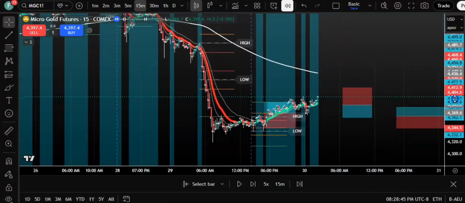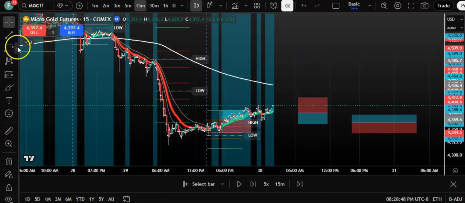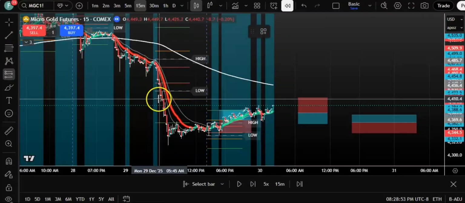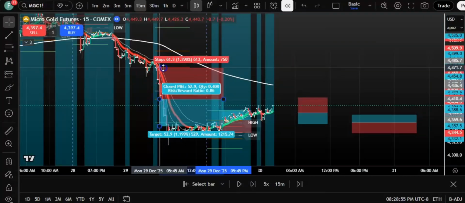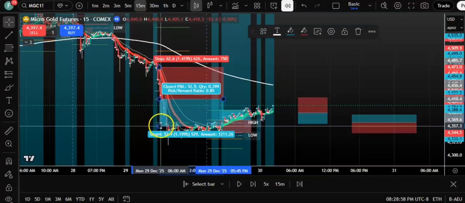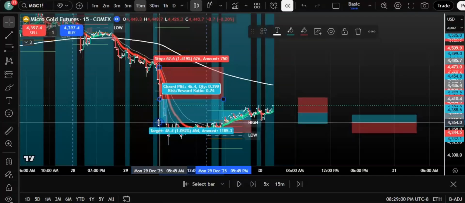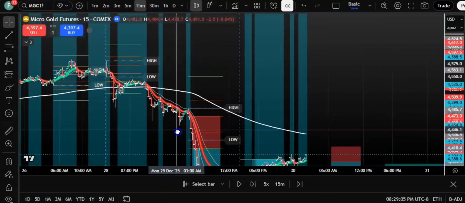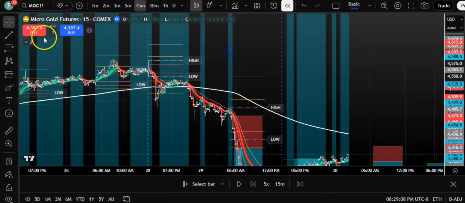This one hit TP. This one was a big one. Yeah, this one was huge. 626 tick stop loss, 464 ticks. And this one hit TP.